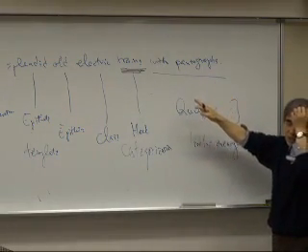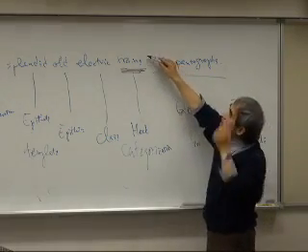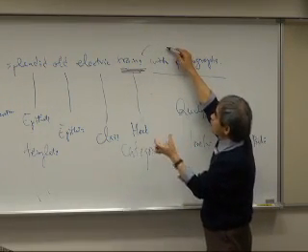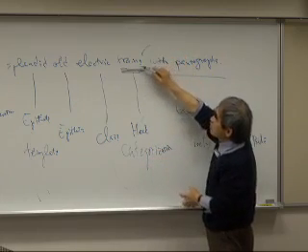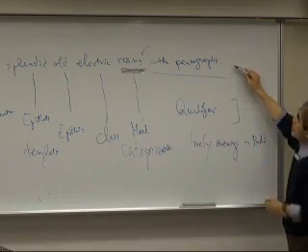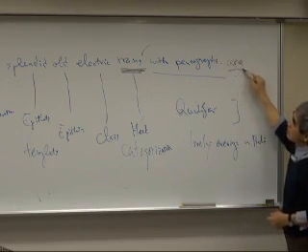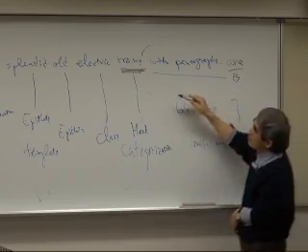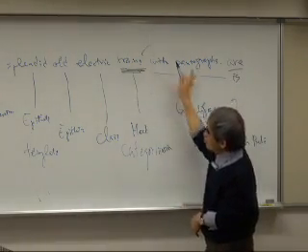So this is the center. Why? Well, this decides the subject-verb concord, subject-verb agreement. So if we have trains, the verb should be in the plural. These electric trains are, not is. So this is the center of the group.